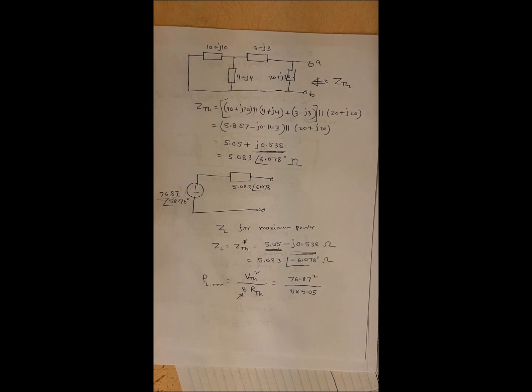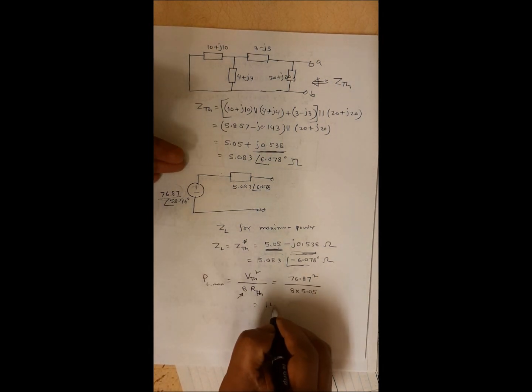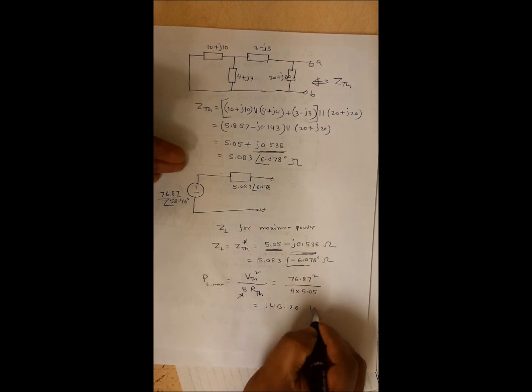So it is 76.87 squared divided by 8 divided by 5.05, and that gives us 146.26 watts.